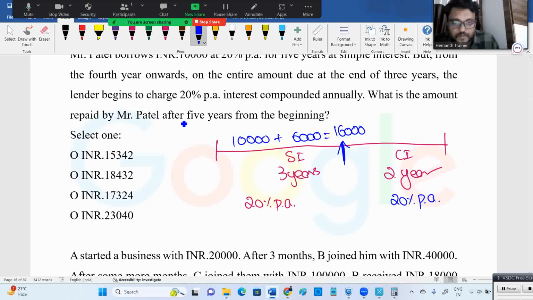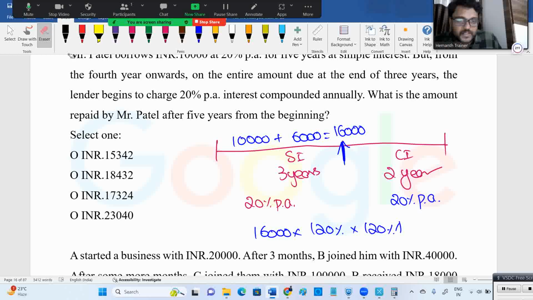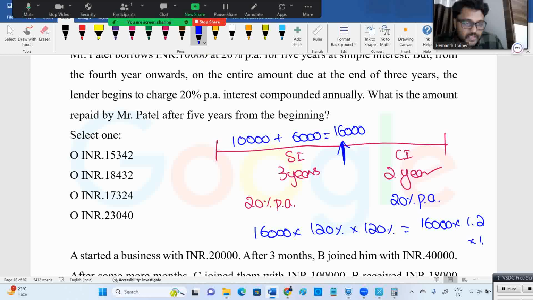For the next 2 years, because of compound interest, 16,000 into 120% for the first year, and next year also 20% increased. So 120% into 120%. We can say 120% means 120 divided by 100, 1.2, 1.2 like that. 1.2 multiplied by this.